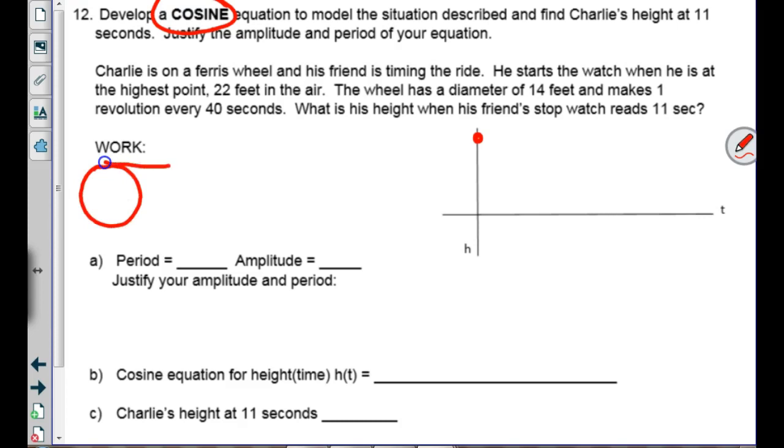If he starts up here and he's 22 feet in the air and it's 14 across, draw yourself a little picture, but what does that mean about the lowest he ever goes?